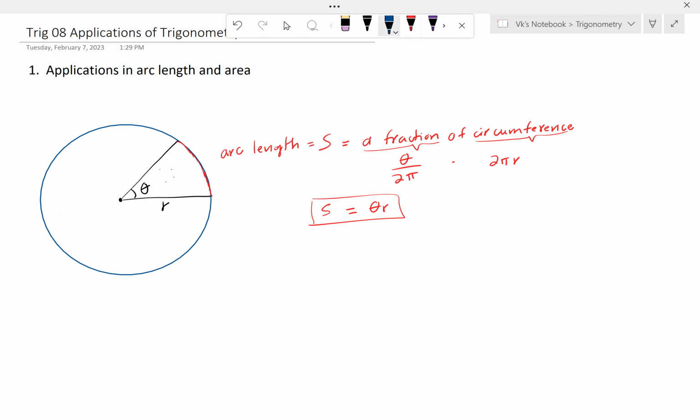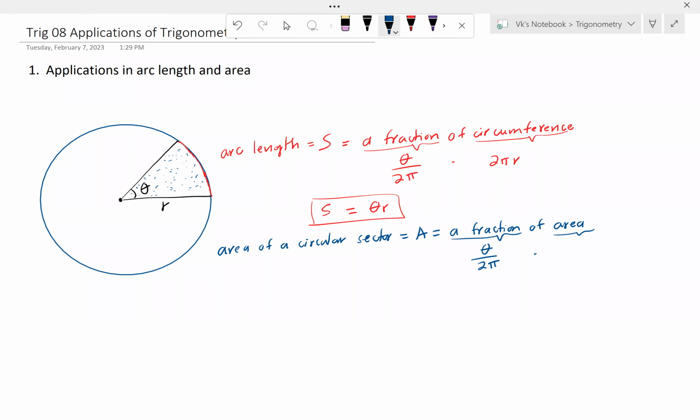Next, well, there's an area right here. This area is called the area of a circular sector. And that is also a fraction of the area. The fraction is theta over 2 pi.